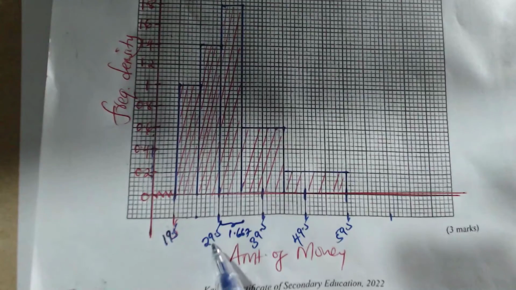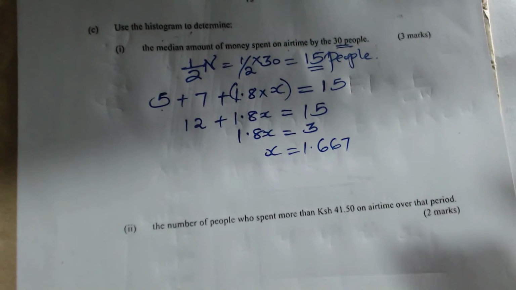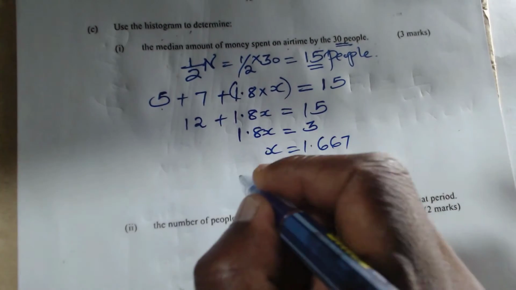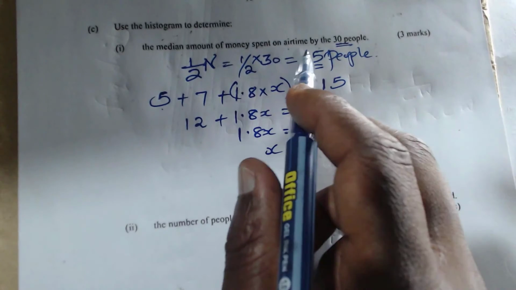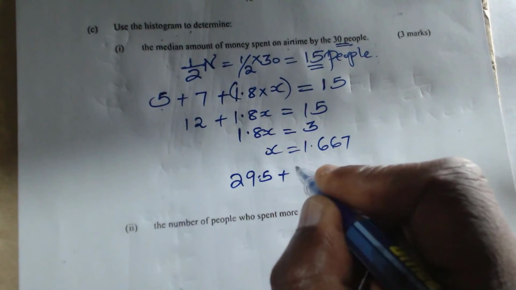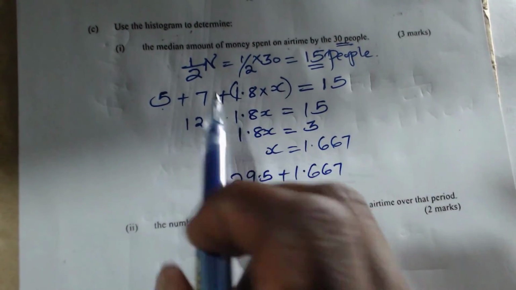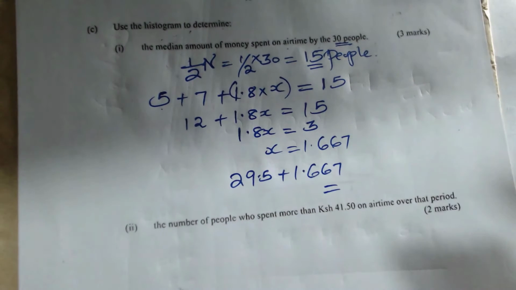So we are going to take 29.5, then we add this class width that we have obtained there. Now to get the amount of money spent on airtime by 30 people, we get 29.5 plus the class width, that is 1.667.